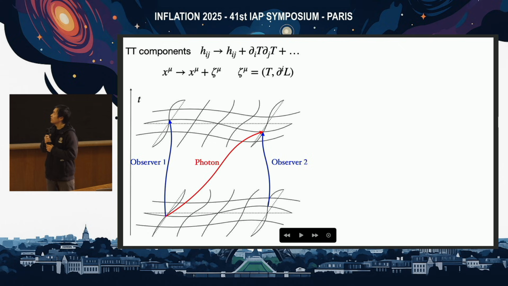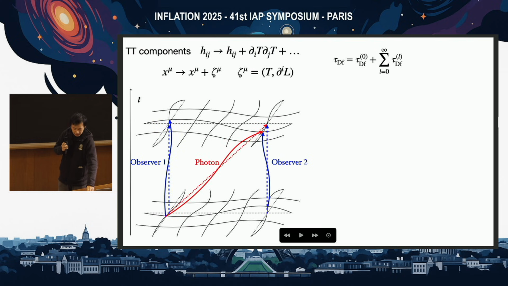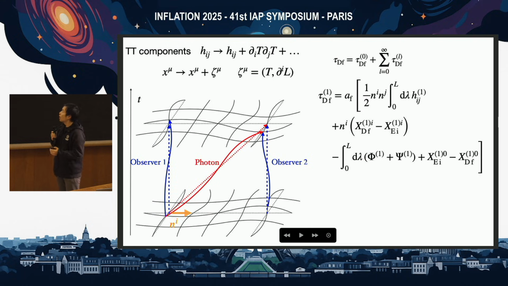And we know that the proper time when the second observer receives the light should be independent of the coordinates we choose. But if we want to understand how the received proper time depends on the metric perturbation, we should solve it perturbatively. And at the first order, we decompose the contribution according to their dependence on the propagation direction.